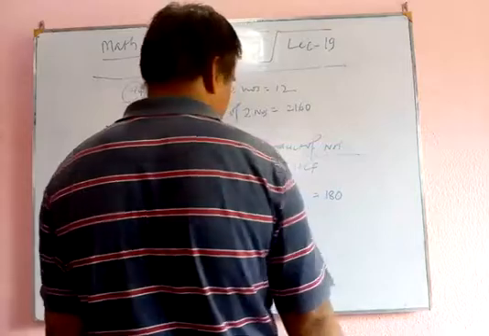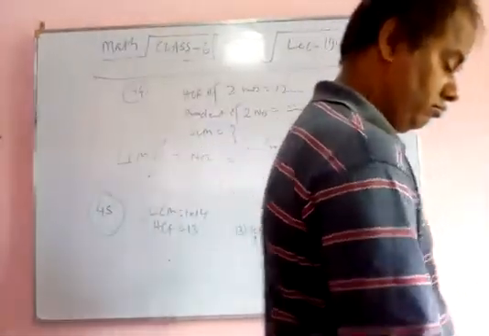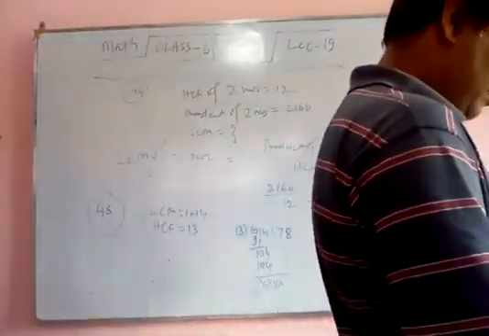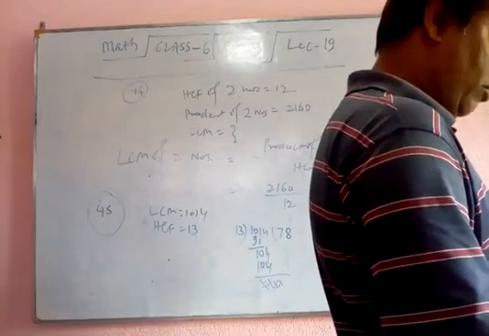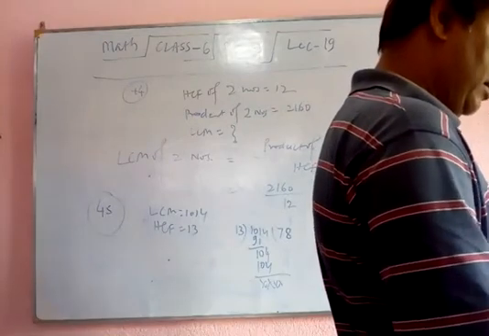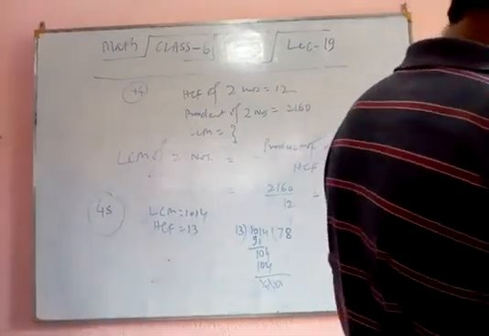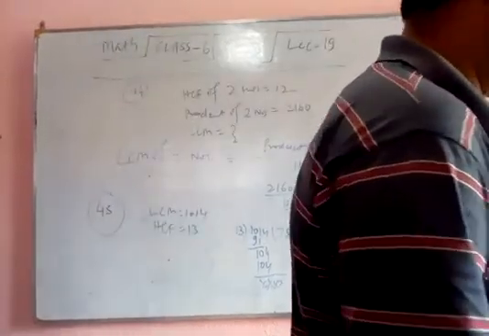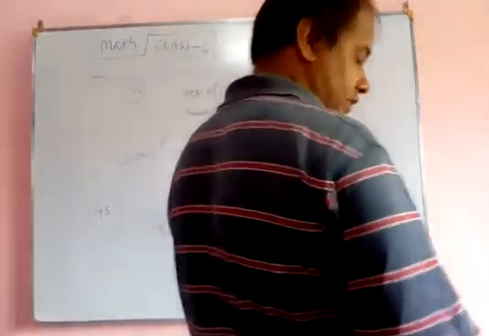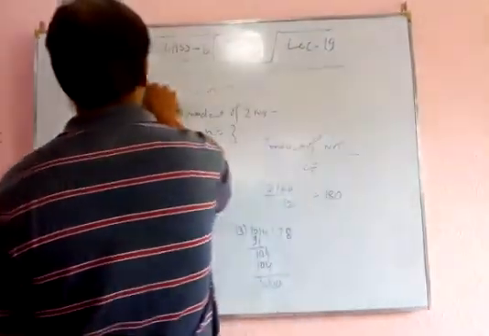So the remainder is 0. Hence 1014 is divisible by 13. Therefore, two numbers can have 13 as their HCF and 1014 as their LCM. So it is possible.